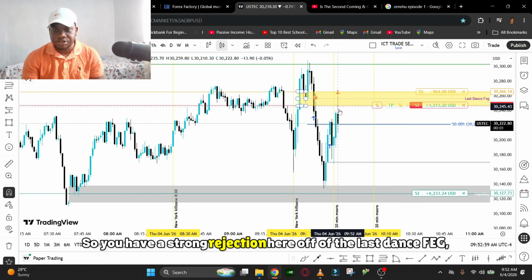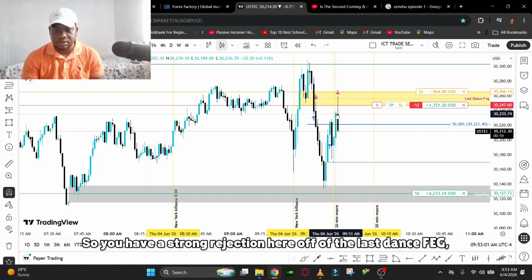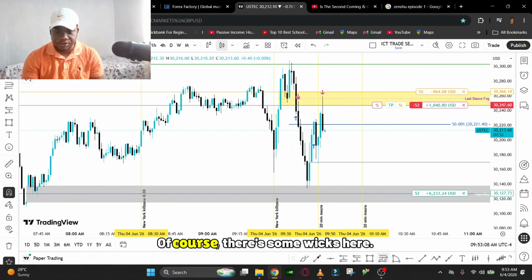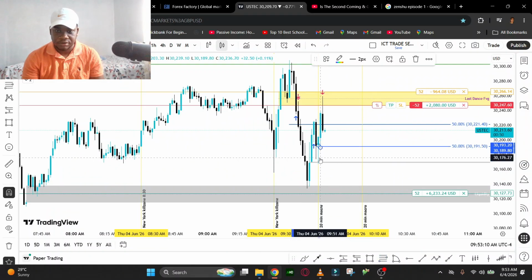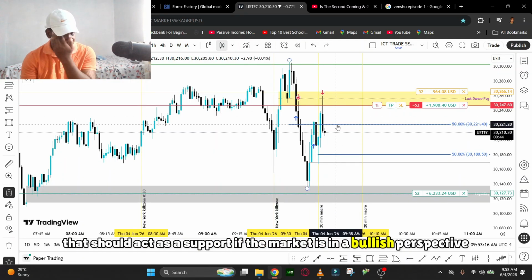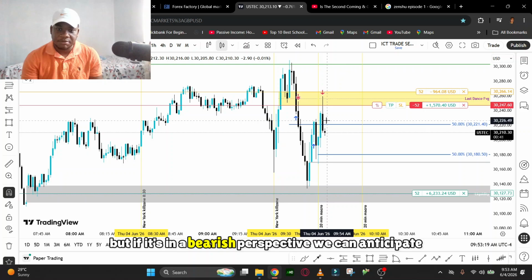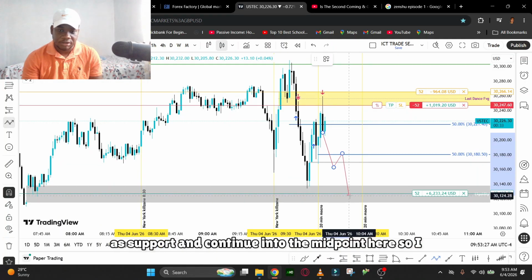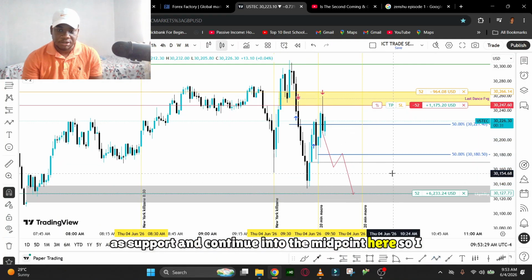So you have a strong rejection here off of the last dance FEG, which is something that we'd really like to see. Of course, there's some wicks here that should act as a support if the market is in a bullish perspective, but if it's in a bearish perspective, we can anticipate that the market will smash through it, refer back to it as support, and continue into the midpoint here.